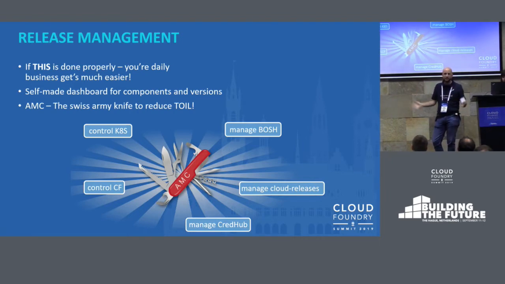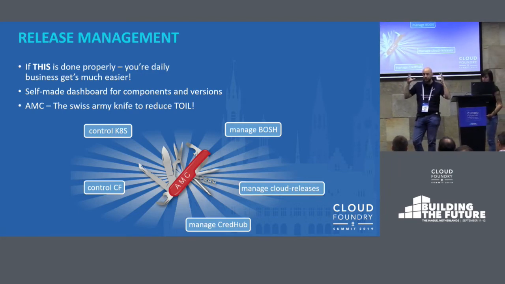Basically, it knows everything that needs to be done. So we tried to take away this mental overhead from the operator, so you can just use the tool and it will do everything the same in every environment. This was also important, that we have 100% reproducible deployments in every environment.